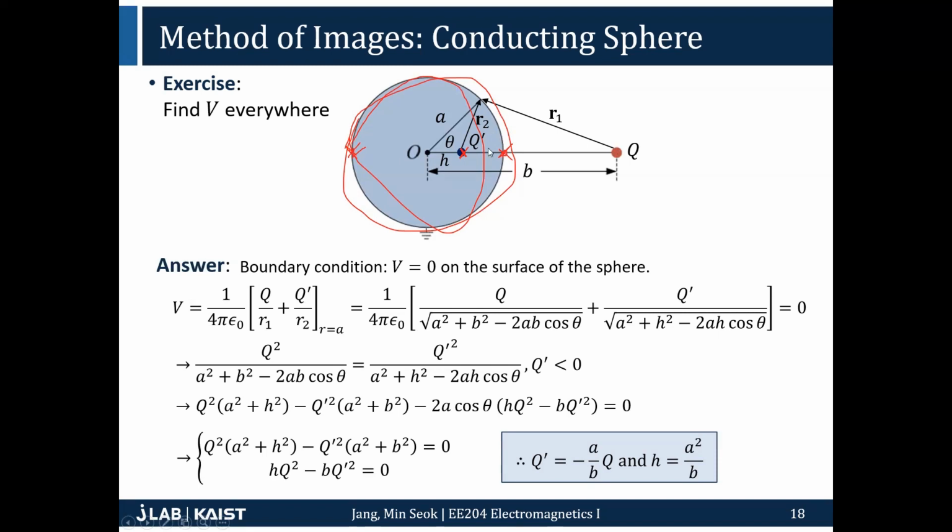So by writing the potential due to the image charge and the original charge, you can express the potential outside everywhere. And of course, the potential inside is zero. It's just a conducting sphere.